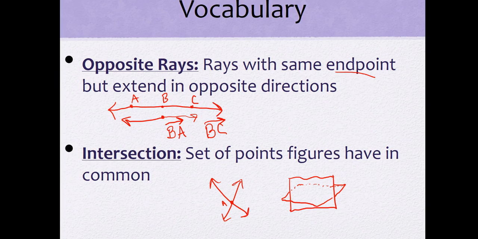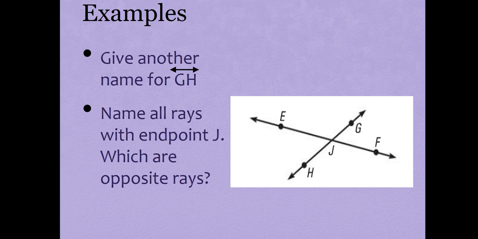So 2 planes crossing, they actually cross at a line. So all the points on that line, and you'll see a better picture of that in your notes. All those points would be the intersection, and so forth. So a couple of examples. Again, pause the video and try these on your own, and then come back.